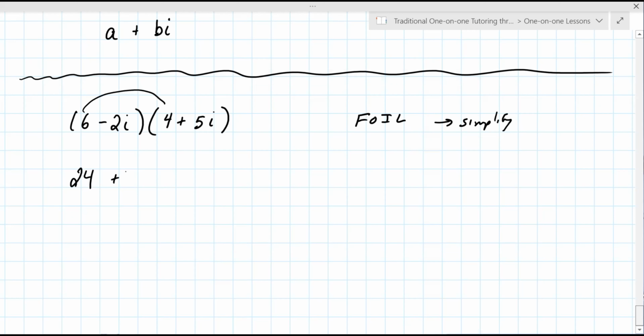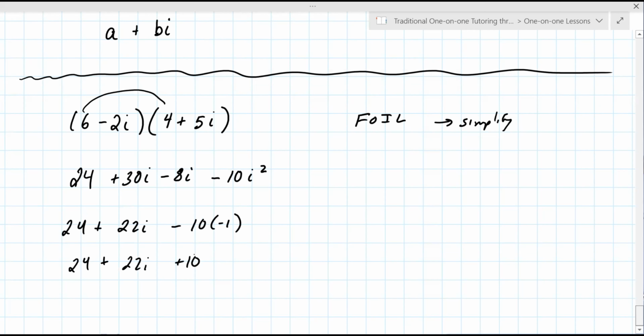So plus 30i minus 8i minus 10i squared. Okay, so this becomes 24 plus 22i minus 10 times -1, 24 plus 22i plus 10. So it becomes 34 plus 22i.